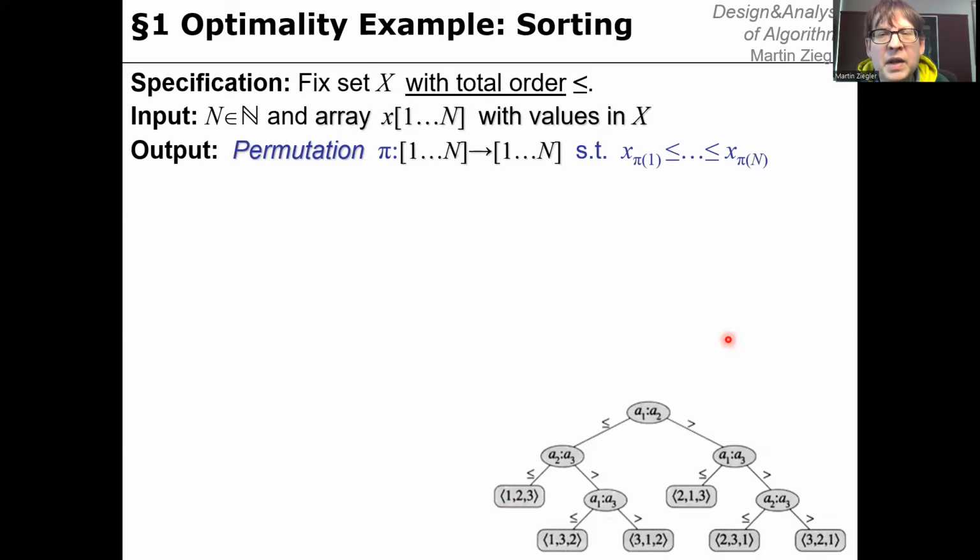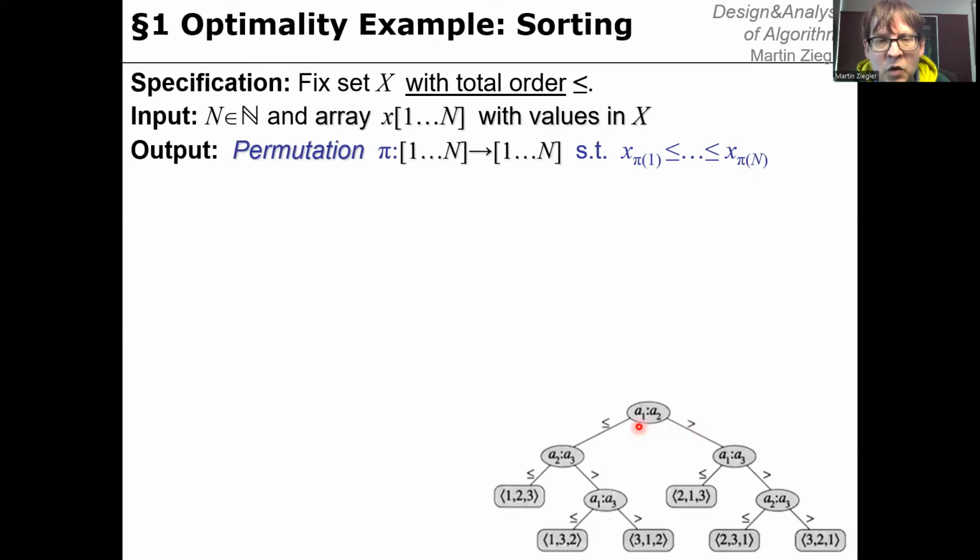And you can verify that for any input, when following the semantics of this decision tree, the leaf that the algorithm ends up in indeed contains a permutation that results in the input data being sorted. Let me give an example. Let's suppose the input is 1 to 3.